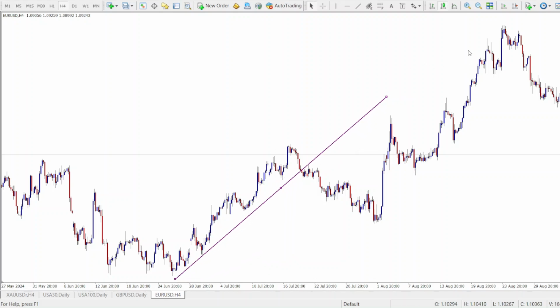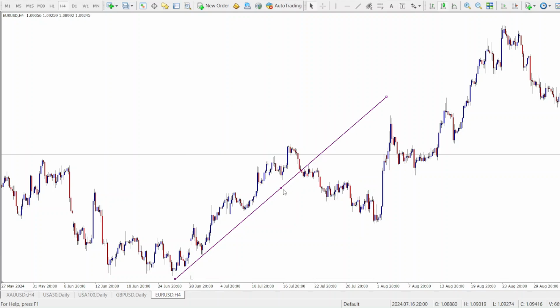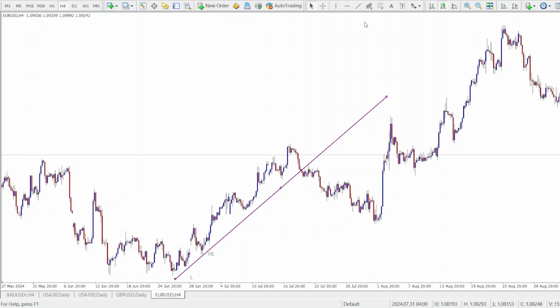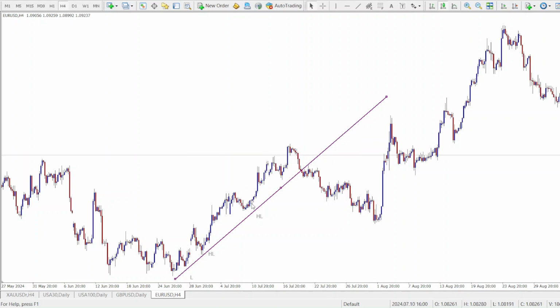You can see that this is a low, right? This is the first low. Then we have another low here, which is a higher low. You can see we have another low here, another higher low.